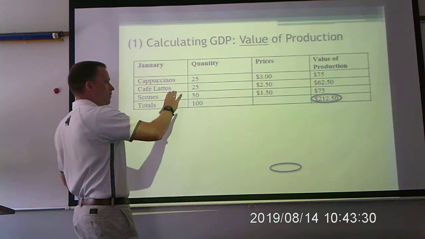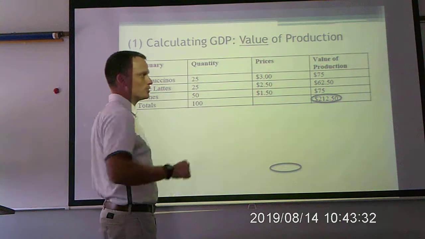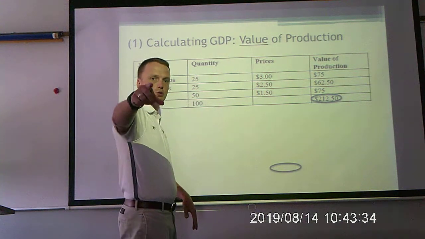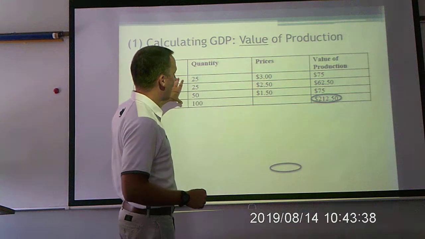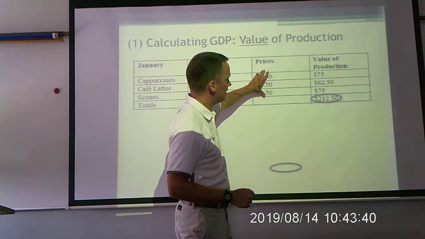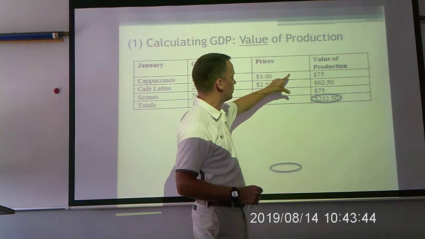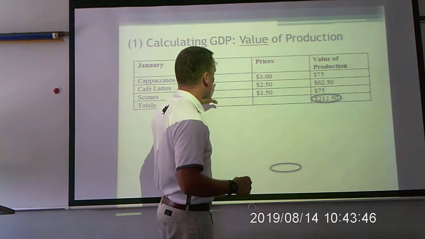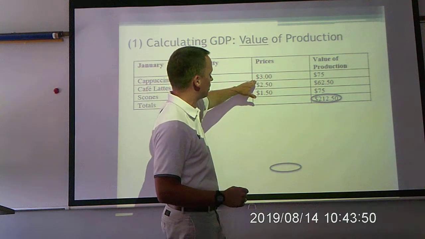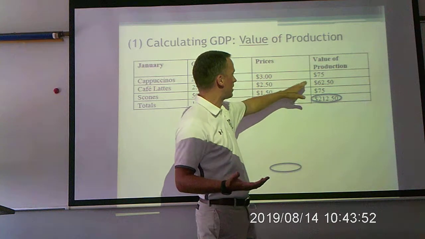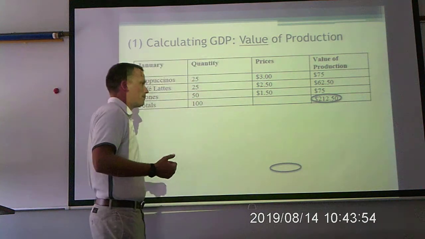But really what we've got to do is pay attention to how this is going to play out in the value of the total production. So what we've got is 25 times $3, that's going to be $75 that they're making off of cappuccinos.